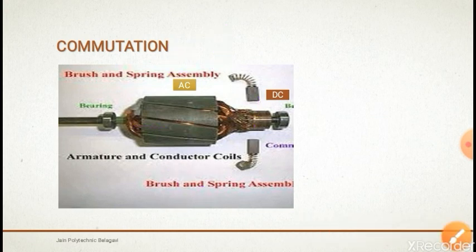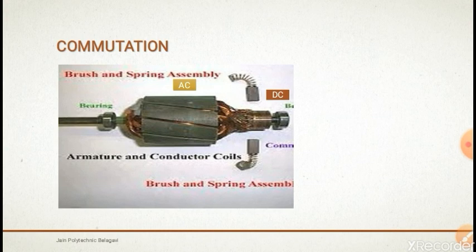Now we'll come to the main concept, that is commutation. Commutation is the process of reversing the current in the coil during the period of short circuit. There is one difficulty experienced by the current in attaining its full value in the reverse direction by the end of the short circuit period.